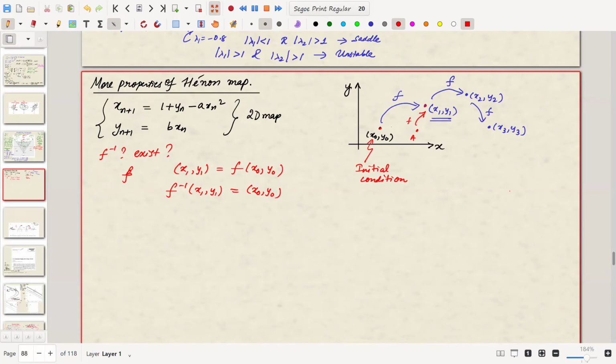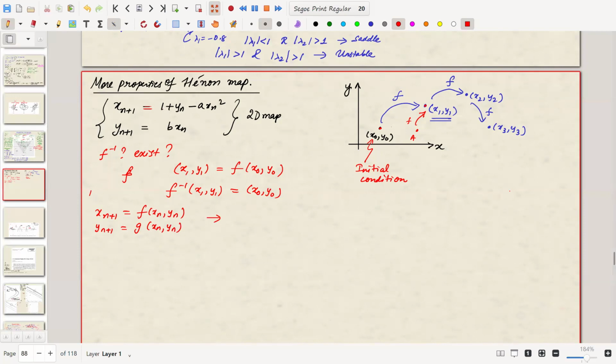So that is my question to you. Can you let me know if that is the case? Now I'm writing x_{n+1} in terms of (x_n, y_n), and y_{n+1} in terms of g of (x_n, y_n), isn't it?